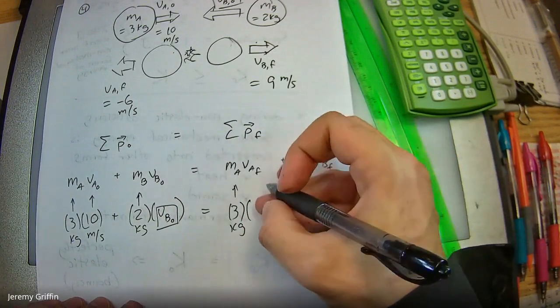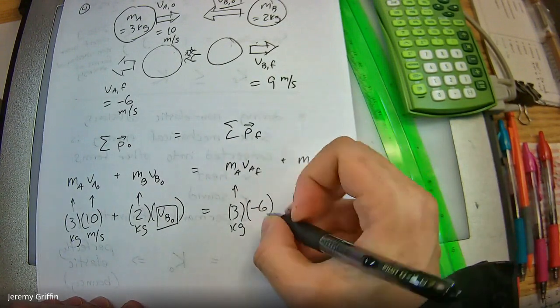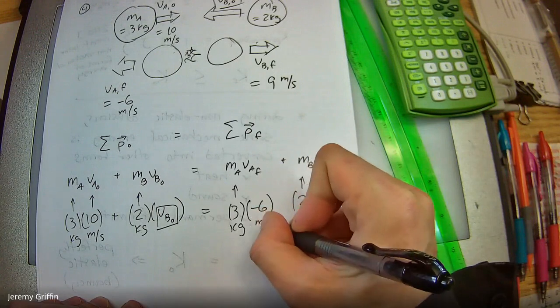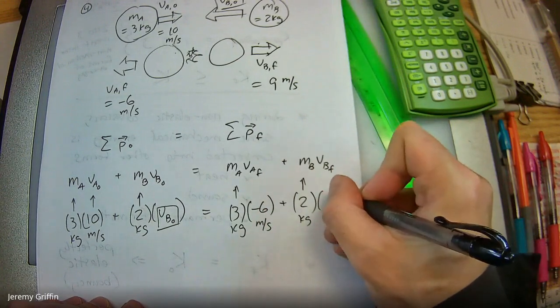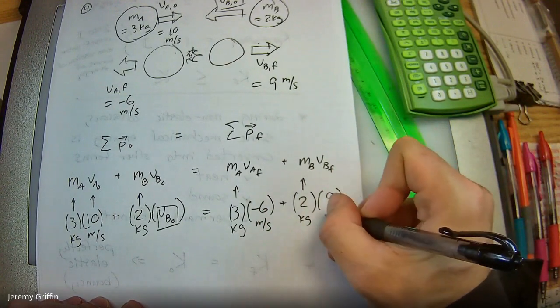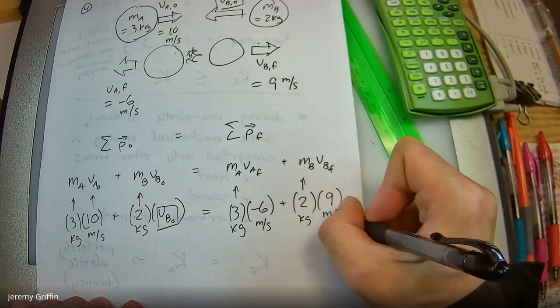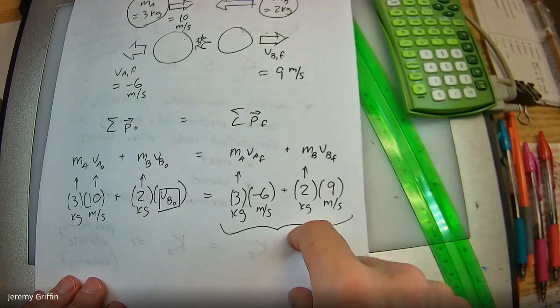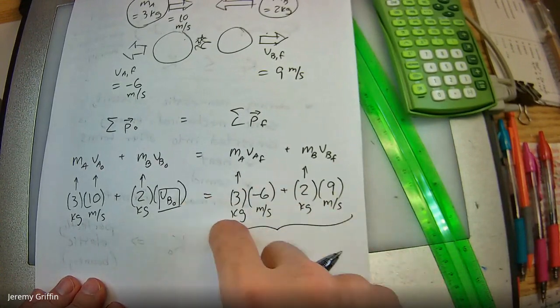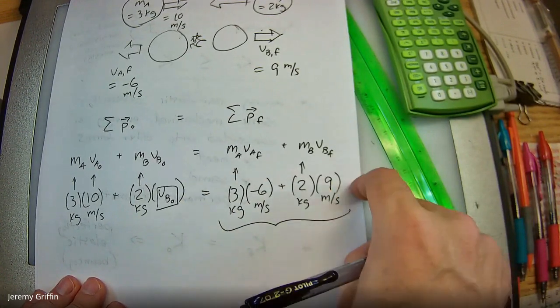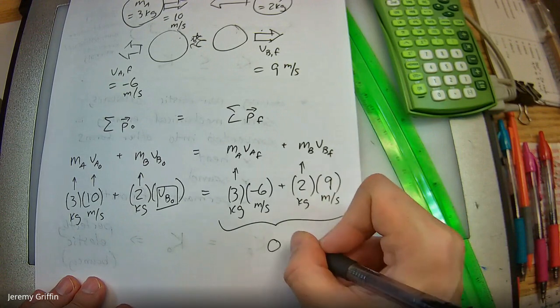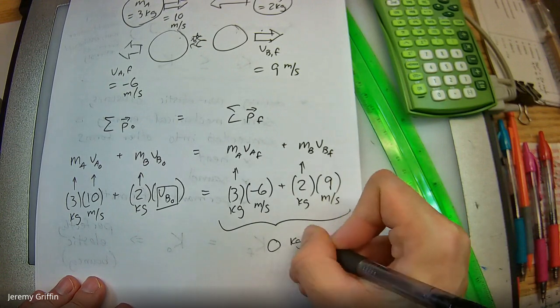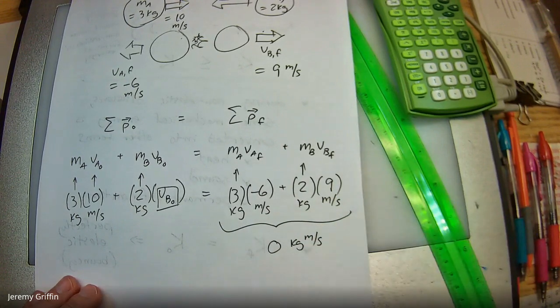Now, after they collide, mass A rebounds at 6 meters per second in the negative direction, and object B rebounds at positive 9 meters per second. Guys, what is the momentum in the system after the collision? So what is negative 18 plus positive 18? That is 0. Obviously it's got to be, because we're using the same example numbers as before.